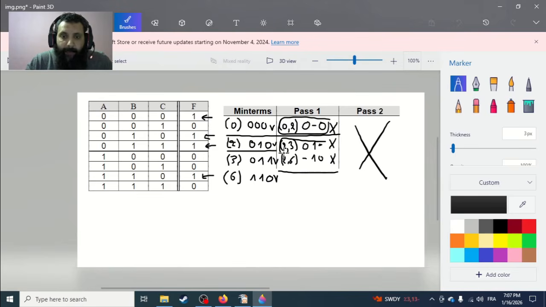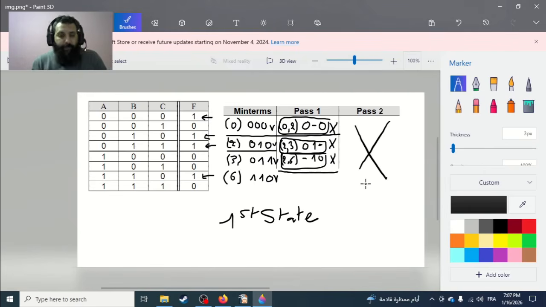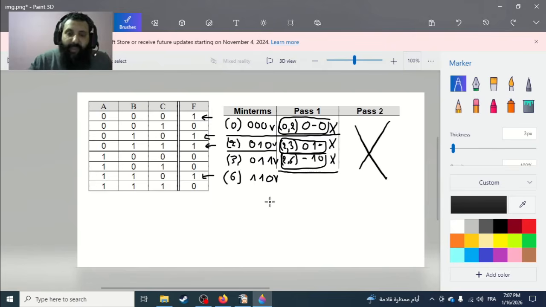It's very important. This is actually the result of this first stage. Those three implicants represent the result of this stage. Anyway, we marked them. We have 3.